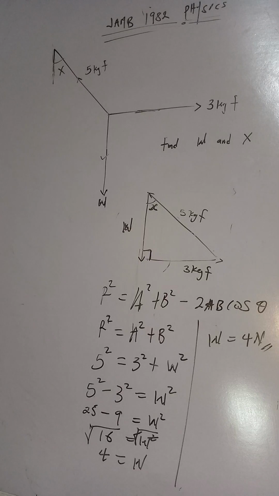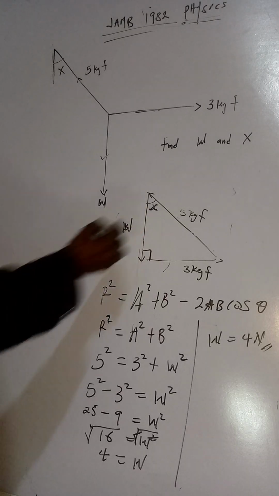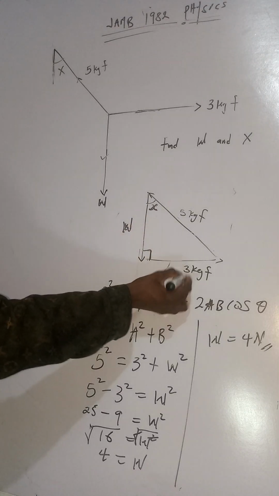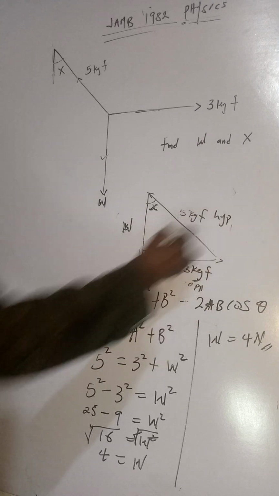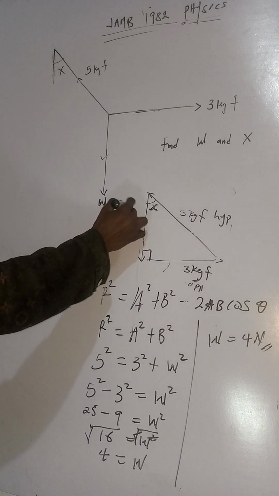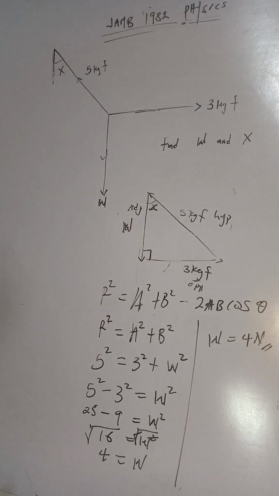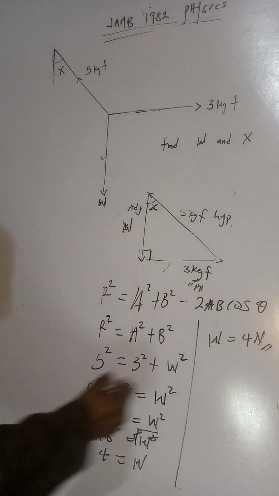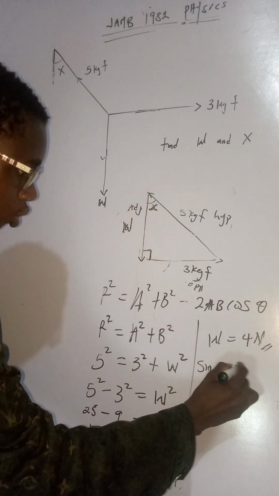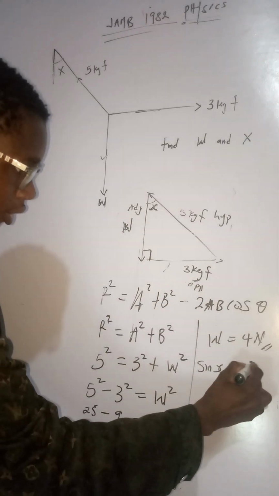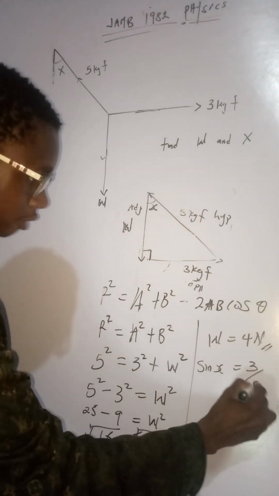Then what is the angle here? We know that the opposite of this angle is this. This is the opposite, this is the hypotenuse, and down of it is the adjacent. So we can use cos, sine, or whatever to find our answer, but let me use sine. So sine of x, which is the angle x, equals the opposite, which is 3, over the hypotenuse, which is 5.